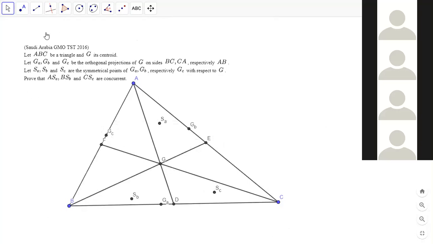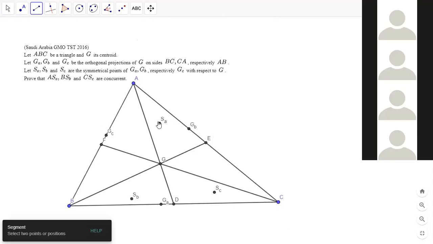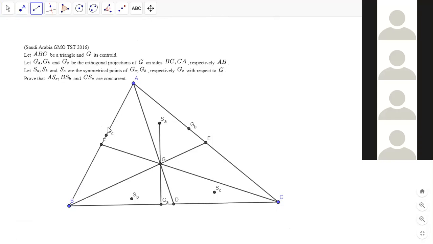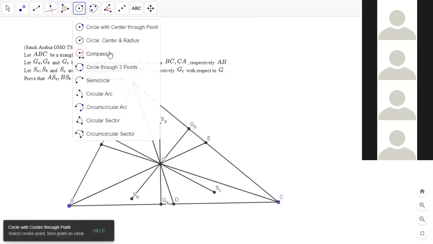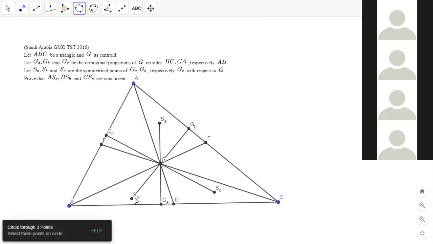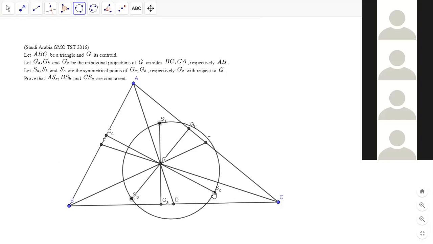This reminds me a little of Steinbart's theorem, so that's why I chose this one. Is there some circle? Okay, they're not cyclic.